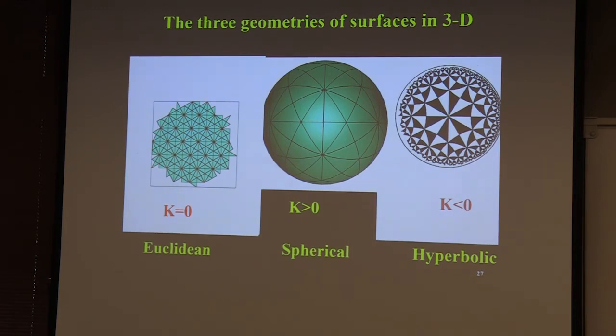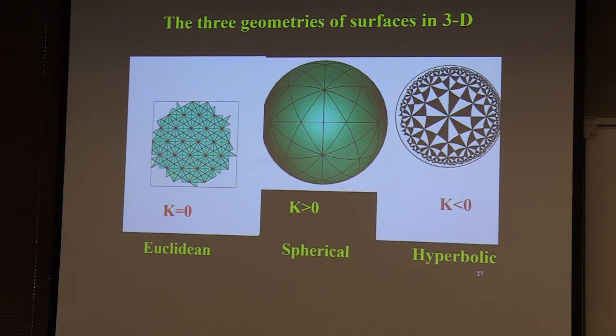We continue working in 3 dimensions, and the 3 geometries that we can have for surfaces are Euclidean geometry, which you are very familiar with, spherical geometry, and hyperbolic geometry. If you perform the experiment of drawing a triangle on the surface of an apple and measure the interior angles of the triangle, you will find that they are greater than 180 degrees.